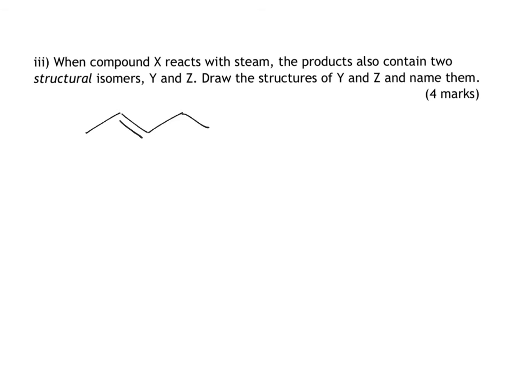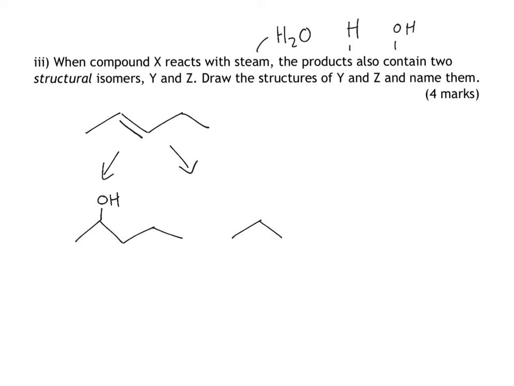So the point of adding steam, which is H2O, is that you're going to add H to one of your carbons and OH to the other. So there's an option of which way that adds. And so even though there's only 1 double bond, your option is that the OH can either end up on that second carbon or on the other side of the double bond in the middle.